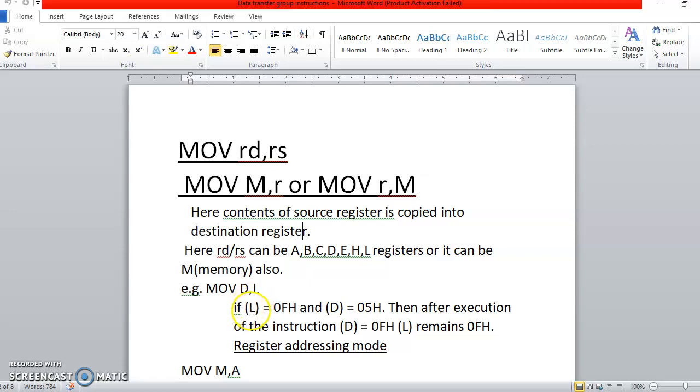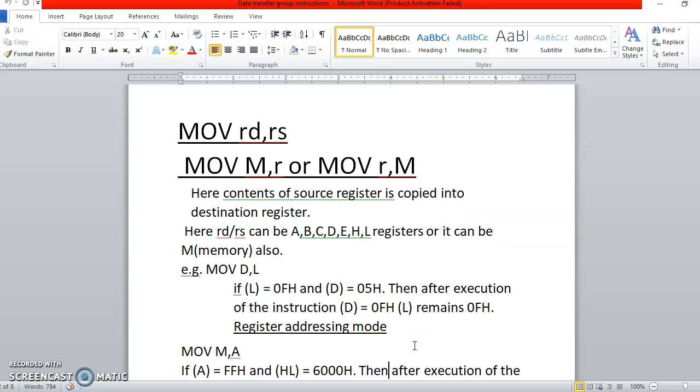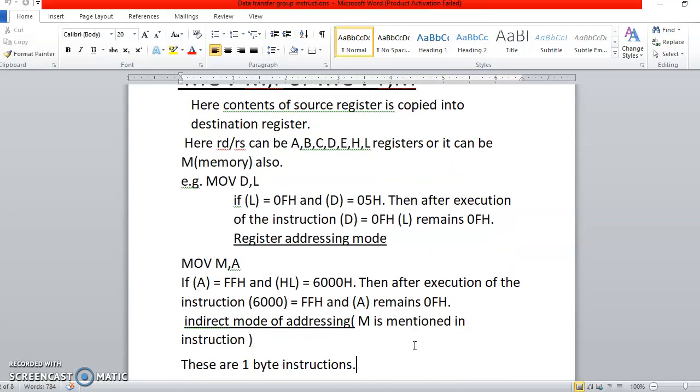So if we assume that the contents of L register are 0F and earlier the contents of D register were 05, then when you execute this particular instruction, the contents of D register become 0F and L remains 0F. This particular instruction has a register addressing mode. Addressing mode, we will learn afterwards.